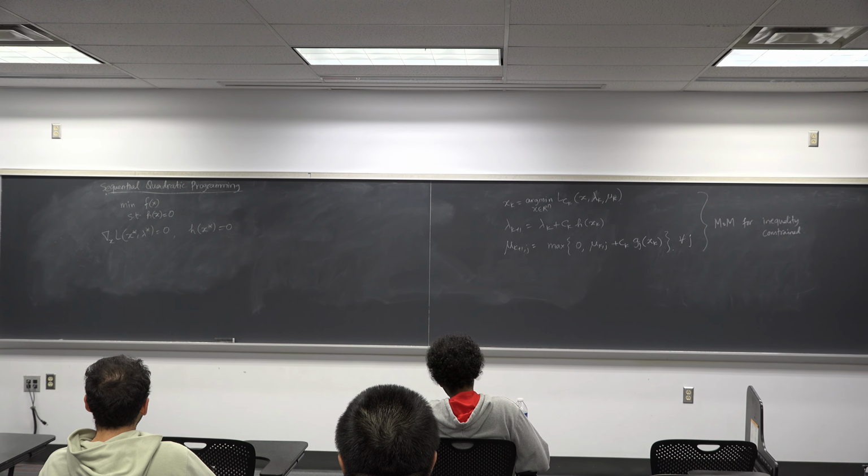This is a penalty function. What happens if you are minimizing? Let's say you are solving: minimize over x and lambda p of x comma lambda.